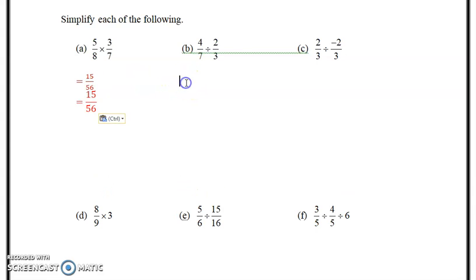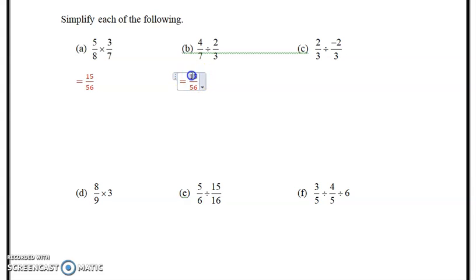So remember, what we do is the first fraction stays the same. We change the division to multiplication. We're using an x now. We won't do that when we have the variables, obviously. And we take the reciprocal of 2/3, which becomes 3/2.